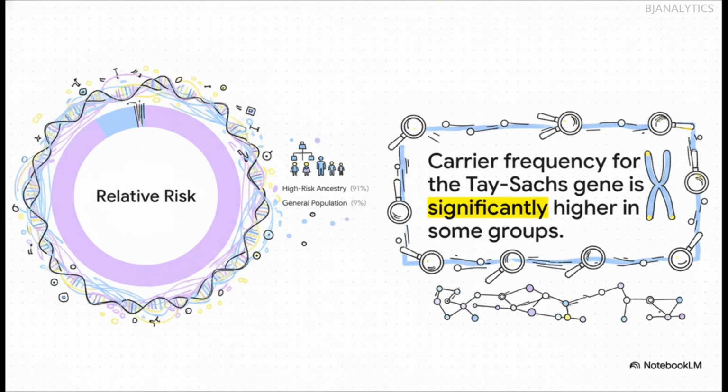It's looking at a condition called Tay-Sachs disease. If you look at the general population, the gene for it is super rare. But if you look at certain ancestral groups, like people of Ashkenazi Jewish descent, the carrier frequency is way, way higher. Discovering this kind of link is huge. It allows for targeted genetic screening and counseling, giving families access to critical information about their health.